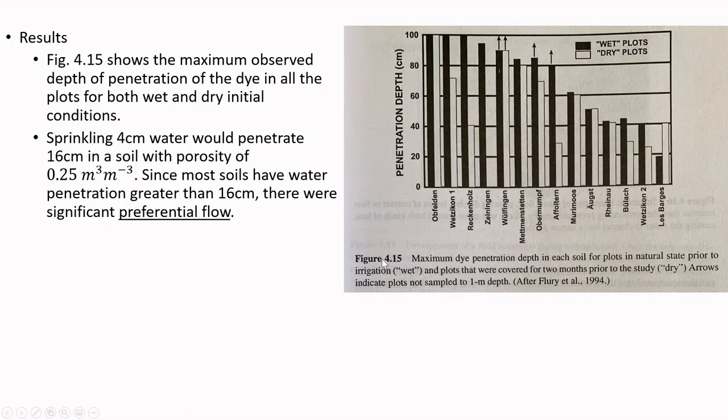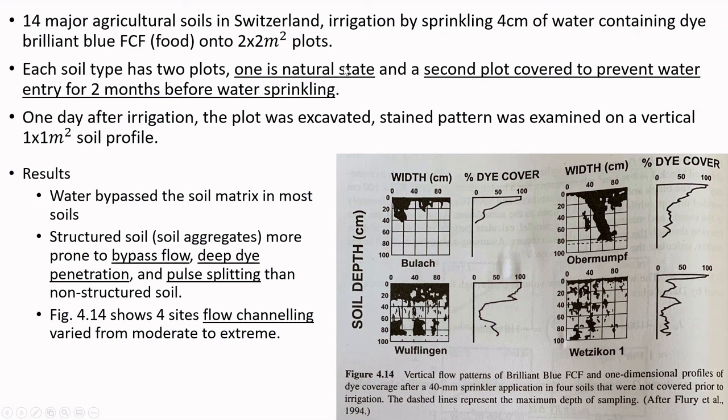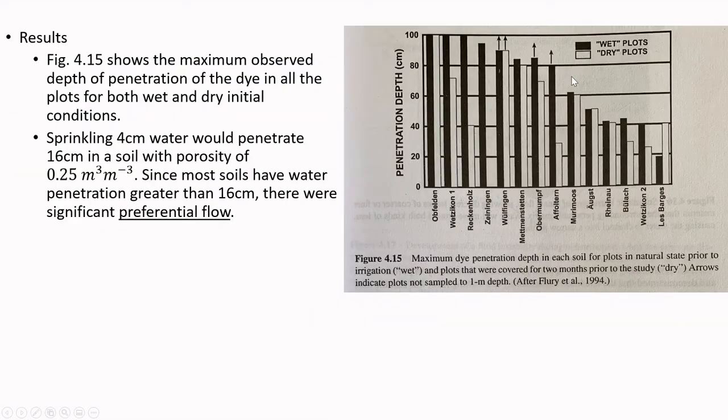So here is another figure, 4.14, sorry, 4.15. What is different here is that there are two soils, one wet and one dry. Like in the previous slide, we mentioned that one is natural and one is covered.